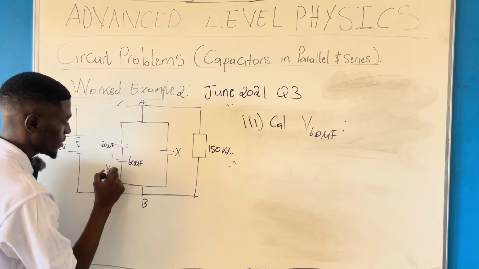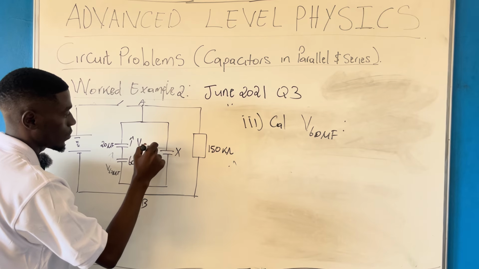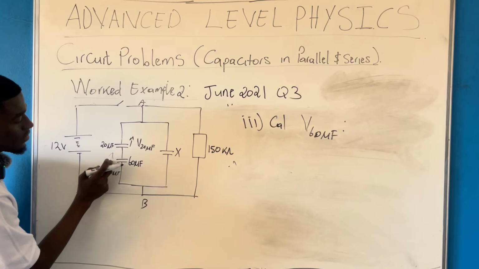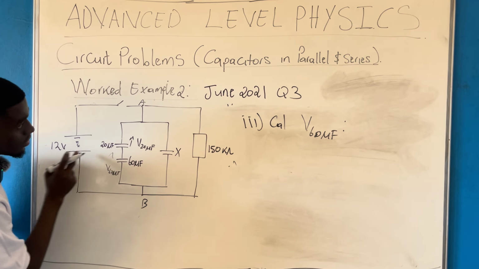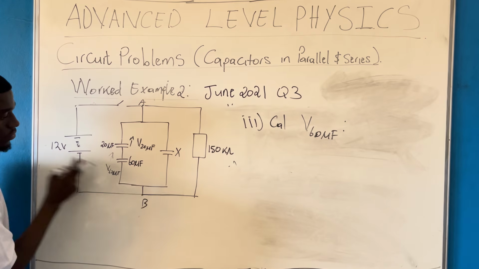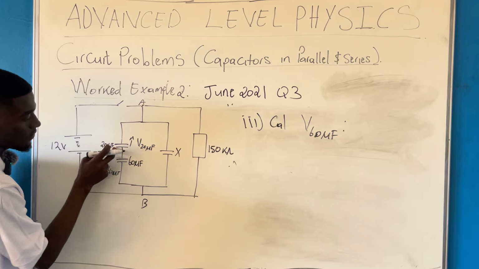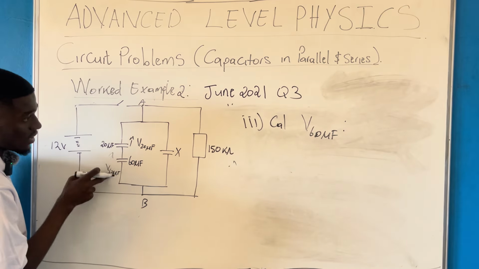This one should be V of 60 microfarad, this one should be V of 20 microfarad. They should share the 12 volts coming from here. So the PD across AB is being shared between 20 microfarad and 60 microfarad.